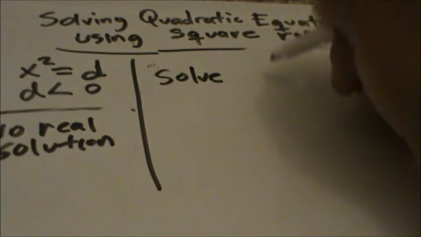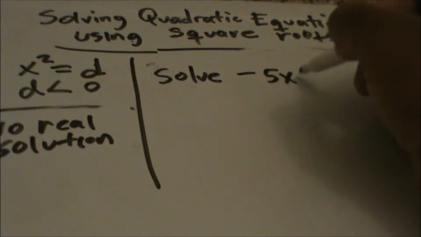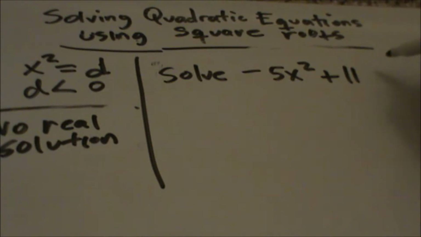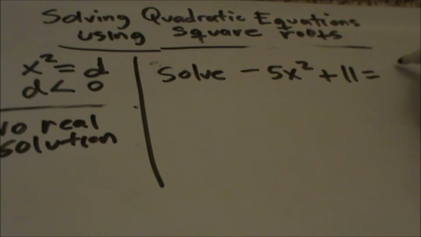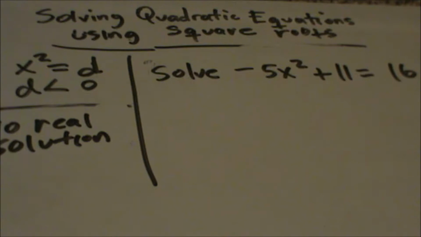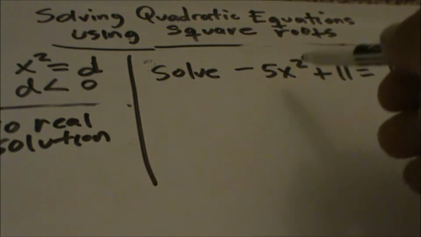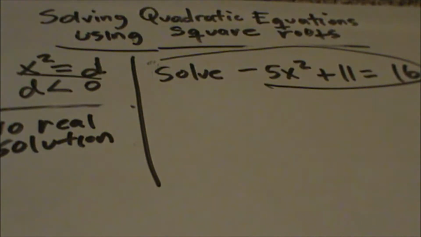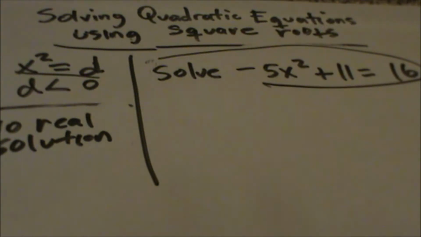Solve negative 5x squared plus 11 equals 16. All right, like always, we want this whole equation to look like this. So let's begin breaking it down.